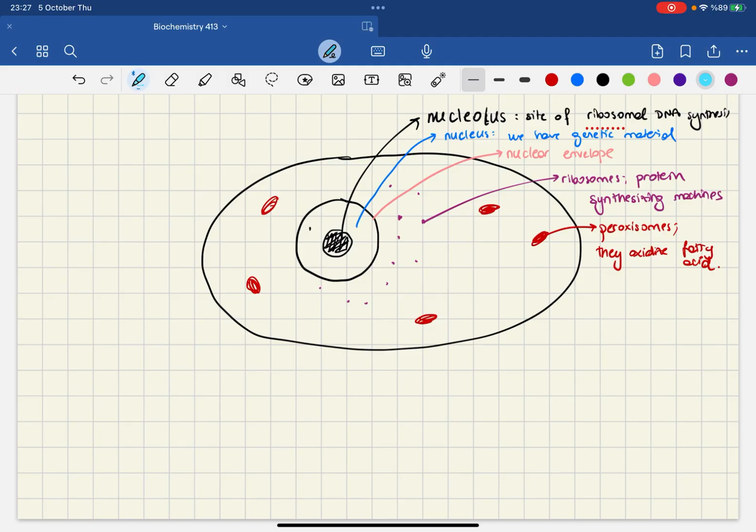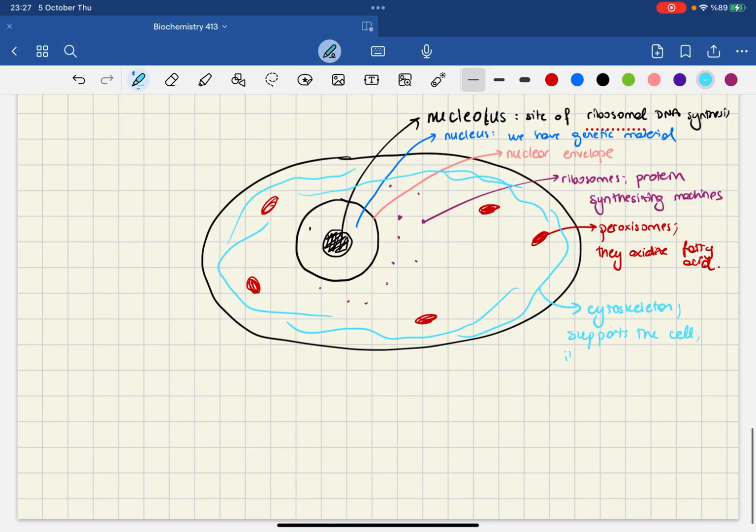They do it by the cytoskeleton, which is like a set of wires extending across the cell, very thin wires. This is the cytoskeleton. And as we just said, it supports the cell, and it aids in the movement of organelles.